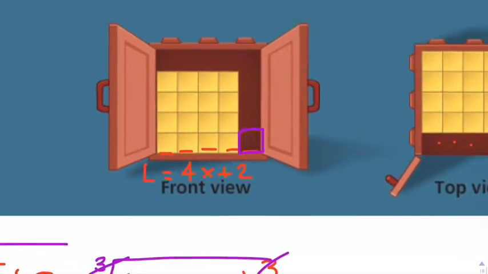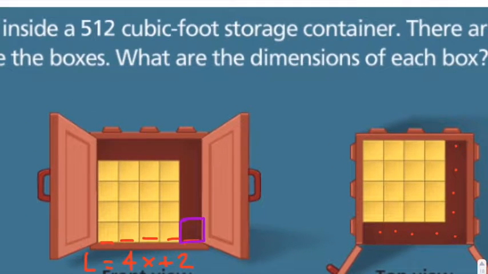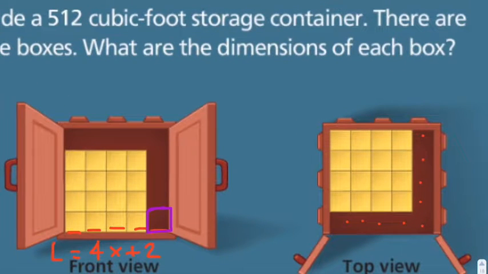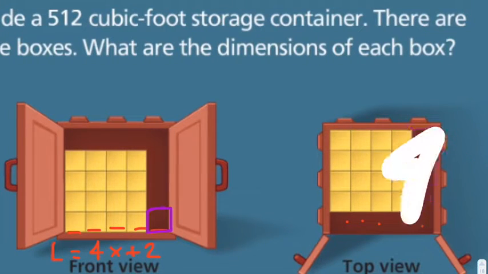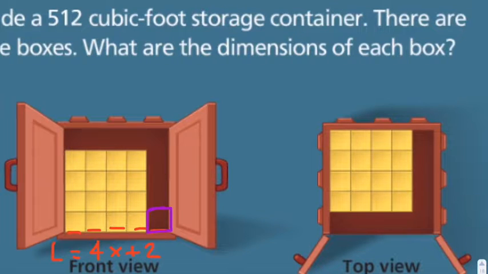They give us a front and a top view here. If we're going from the front, this would be 1, 2, 3, 4. On this first one it'd be 5, but it'd be 4 units back for both of those. I like this top view.